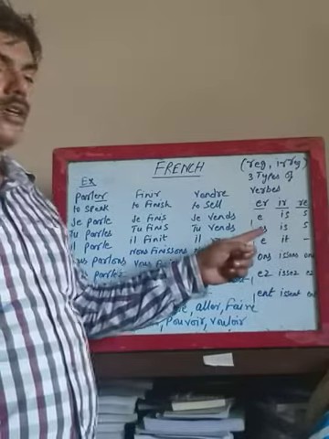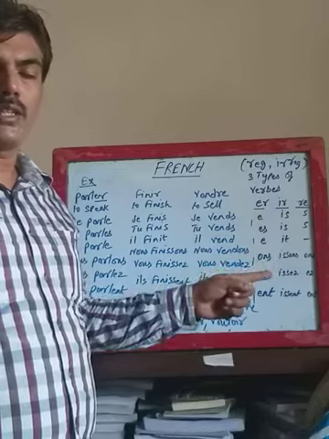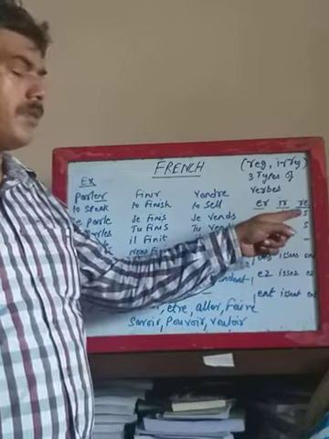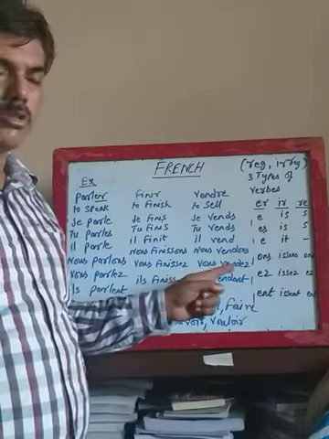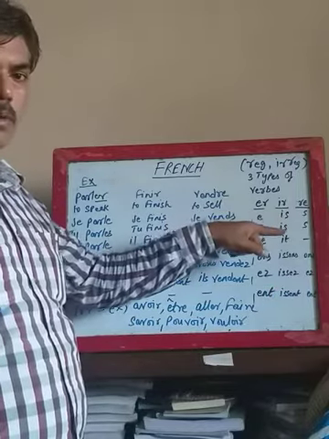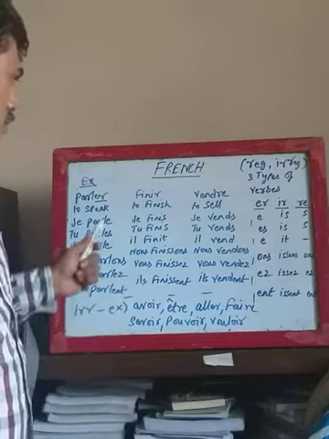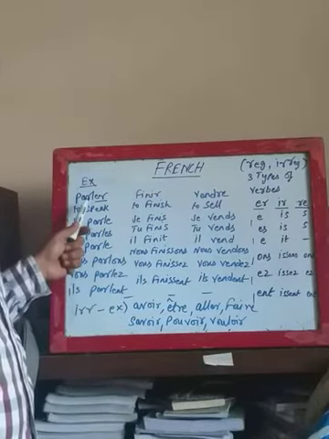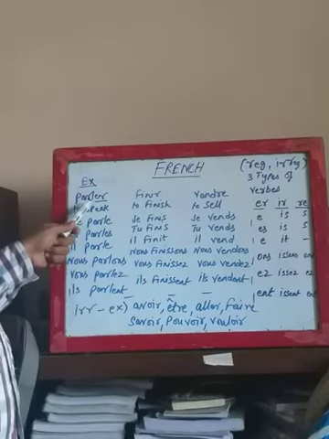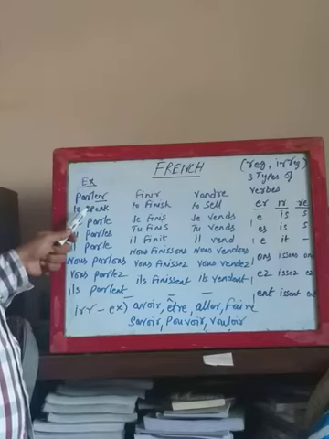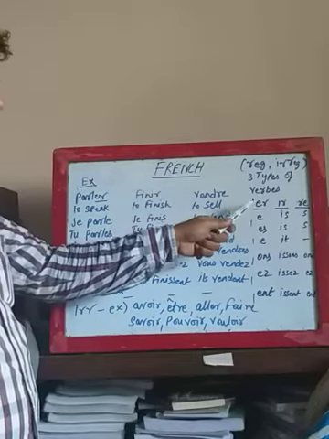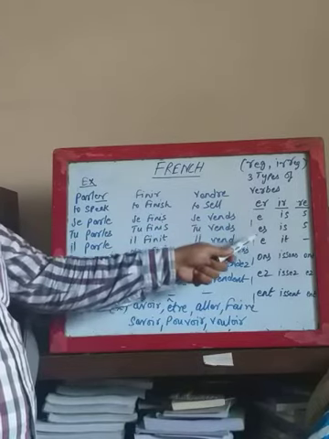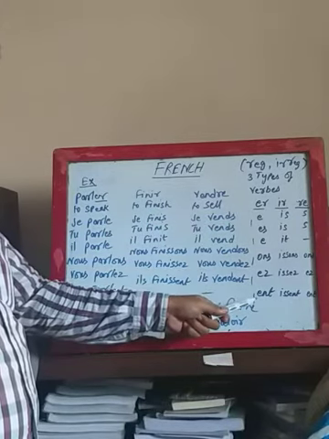We have seen the method to conjugate er, ir, and re verbs in present tense. Now let us see examples of these types of verbs. First, parler, an er verb, meaning to speak. How to do the conjugation? It is a regular verb. You have to replace the ending er with these endings: e, es, e, ons, ez, ent.